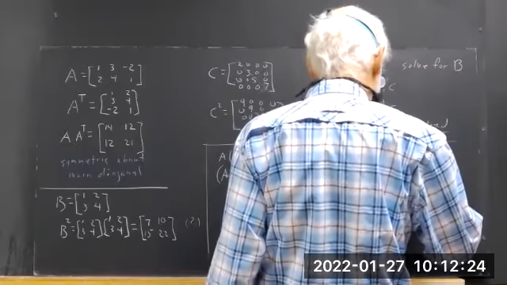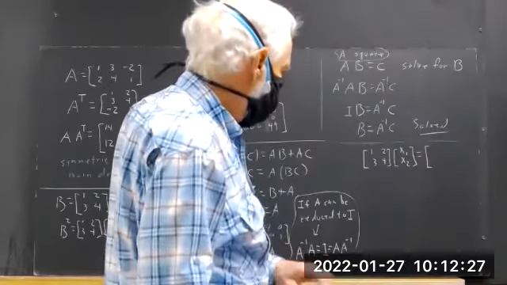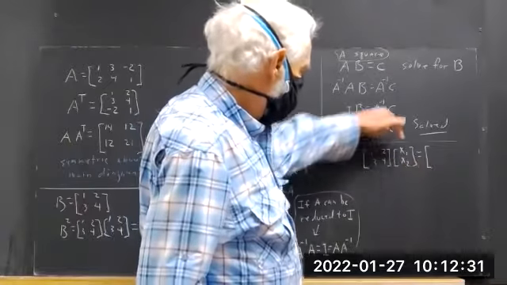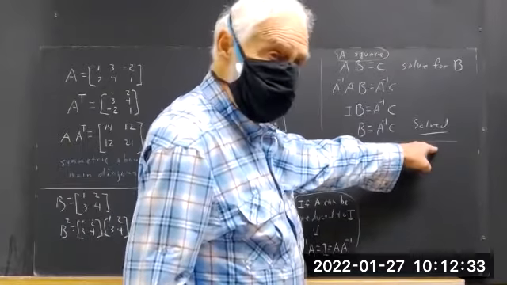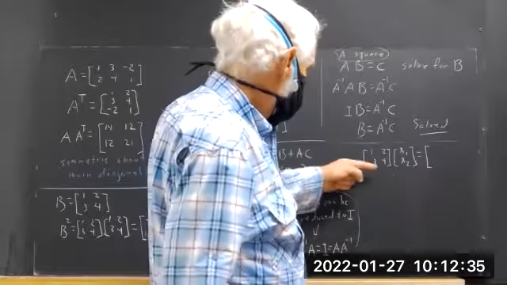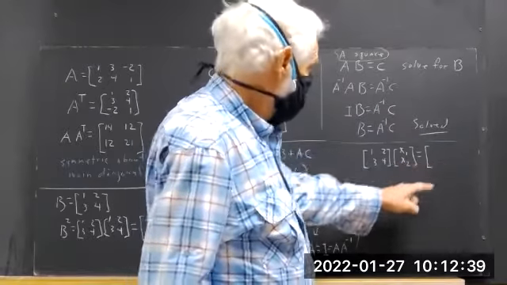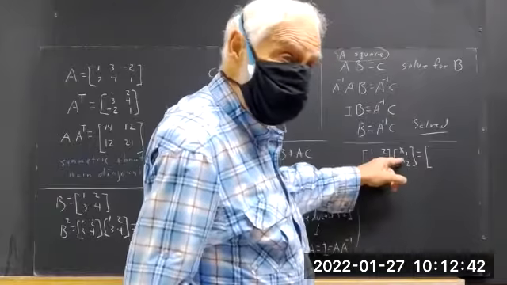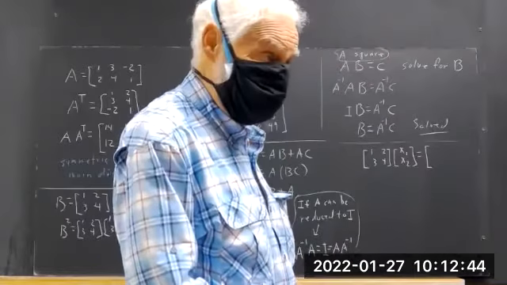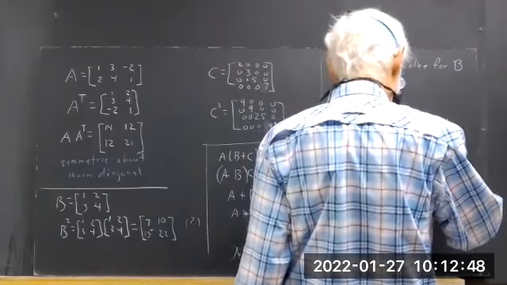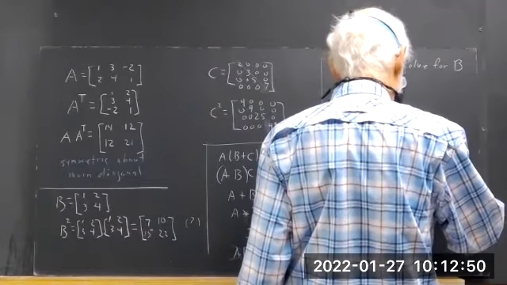And that's got to equal... So now let's think about the dimension. What does the dimension of this matrix have to be? Well, we multiply this row by this column, the result goes in the first row, first column, right? Multiply this by this column, the result goes in the second row, first column. And there's no second column because this thing doesn't have a second column, right? So let's just set this equal to 3, -2.